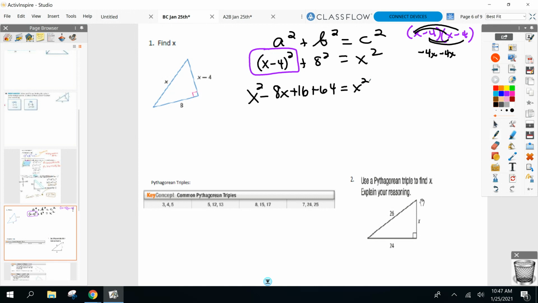I think I can clean up the left side a little bit because I got 16 and 64, so let's clean that up before we do anything. And you guys can see, I got the old x squared working. Usually this is when you have a little throw up in your mouth because you know it's going to be factoring. Right? Stomach starts getting queasy. All right, so let's get one side equal to 0.